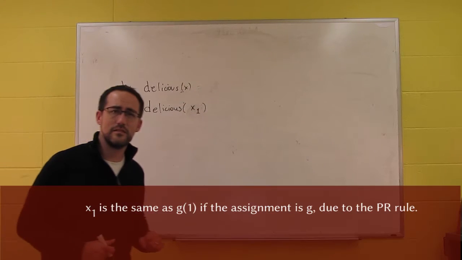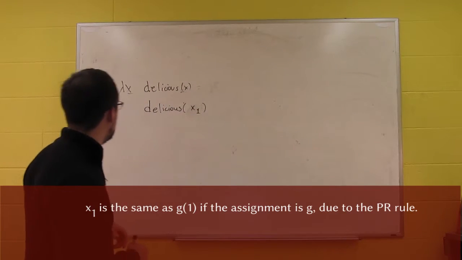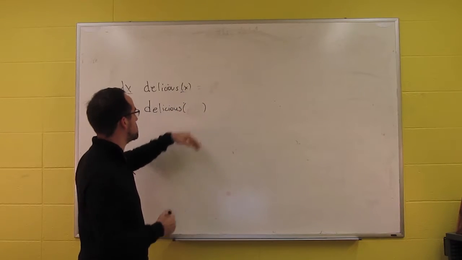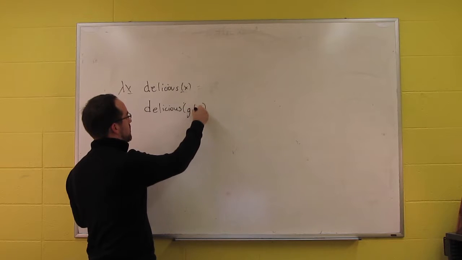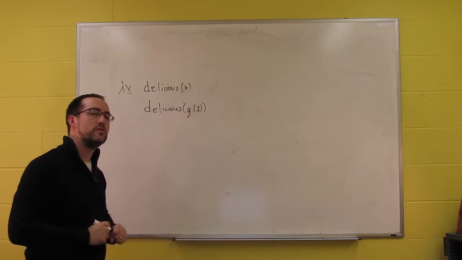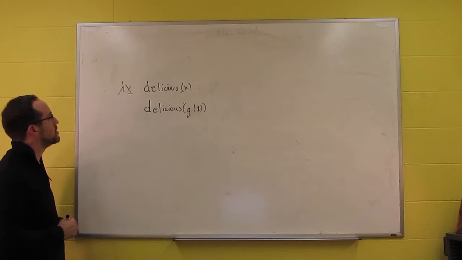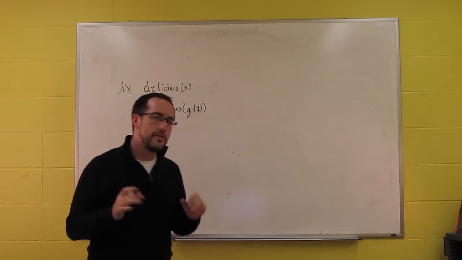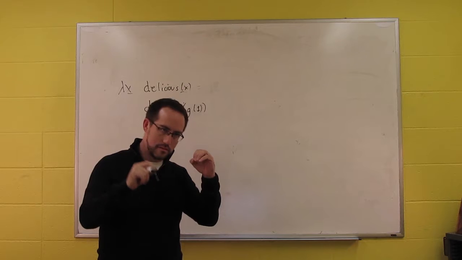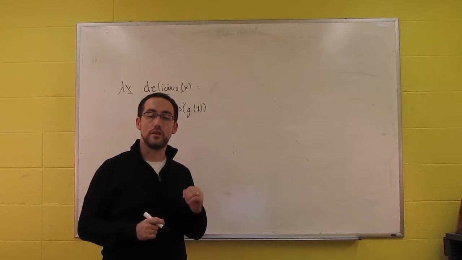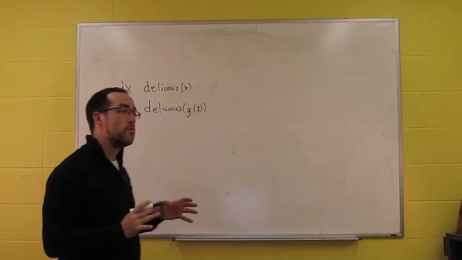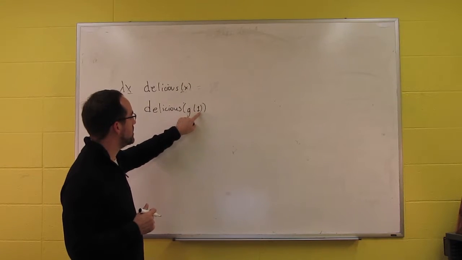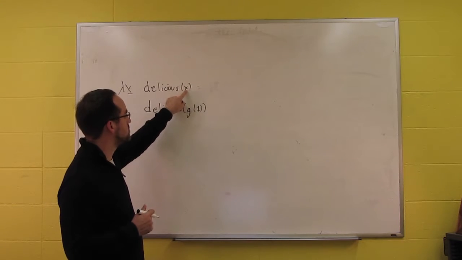There's an index. So how do we turn this into an index? So we'll leave it as g of 1 for now. How do we turn that into an index? Well, that's where the assignment modification will come into play. Remember, the assignment modification will say we need this to be x.